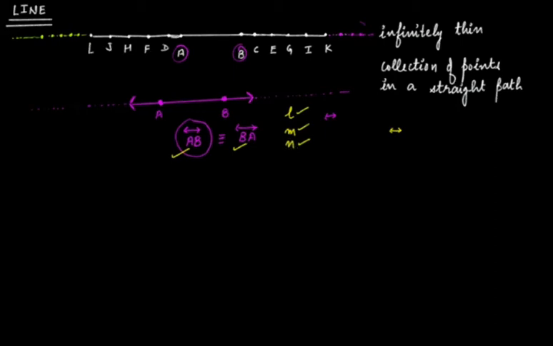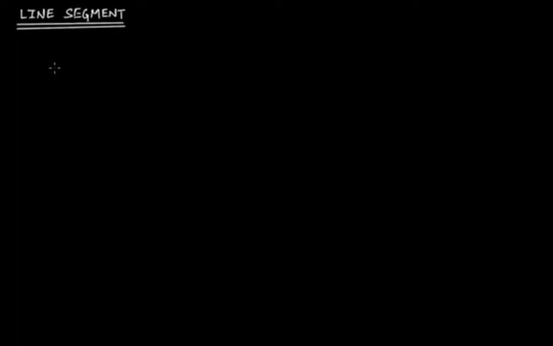So now we have discussed line, and we learned that lines are infinitely thin and they are a collection of points in a straight path. It's important for you to know the line, and only then can you understand a line segment, and what the difference is between line and line segment.